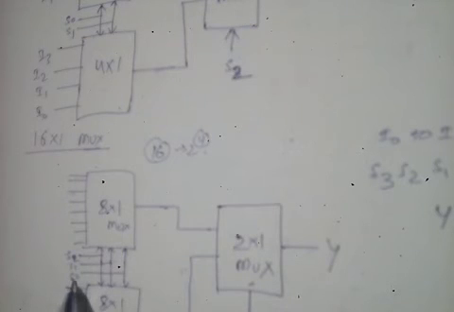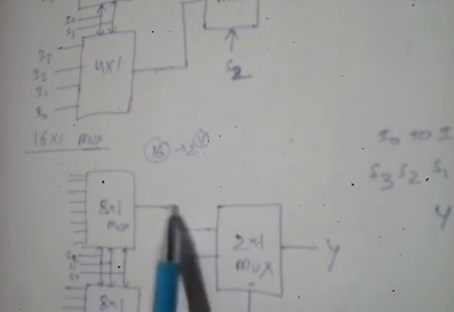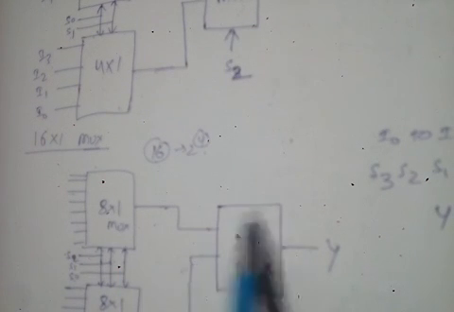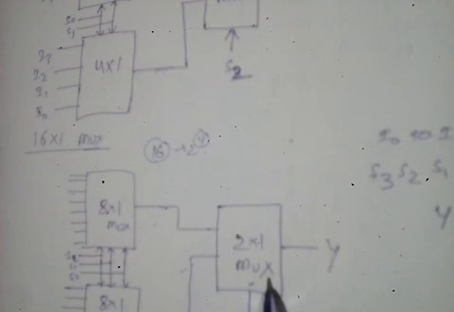The same selection lines S0, S1 and S2 are applied to both 8 by 1 multiplexers, and the outputs of both 8 by 1 multiplexers will be connected to the inputs of the 2 by 1 multiplexer.